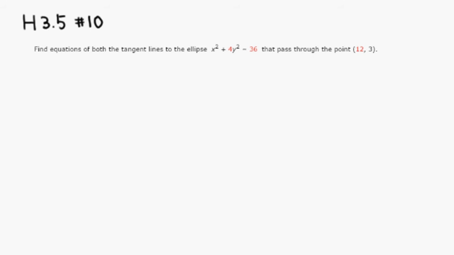Let (x1, y1) be the point of tangency. That just means it's the point where the tangent line touches the ellipse. And there are going to be 2 points.